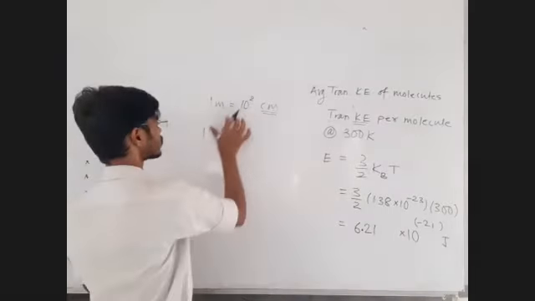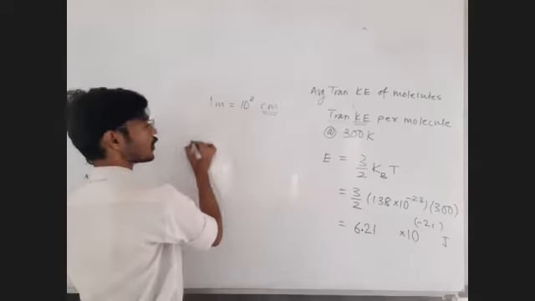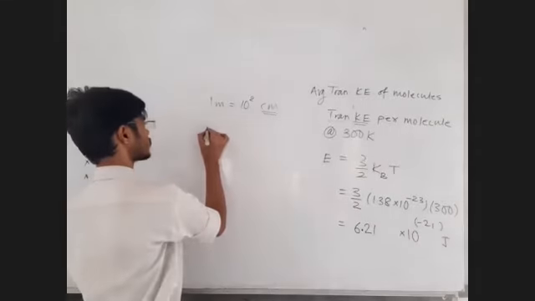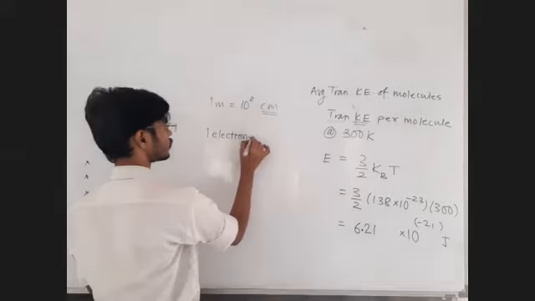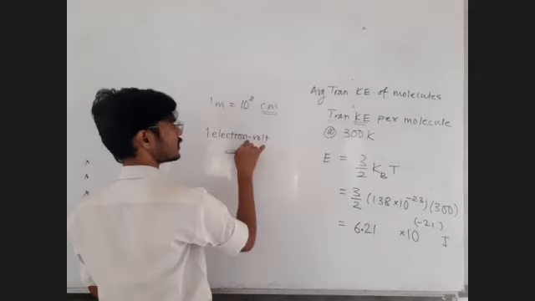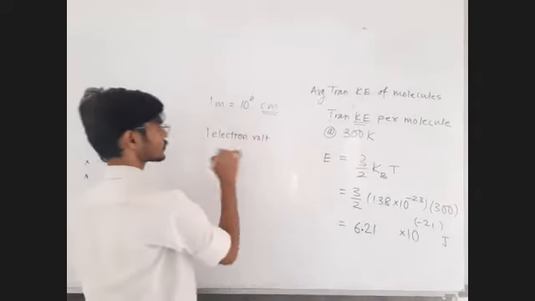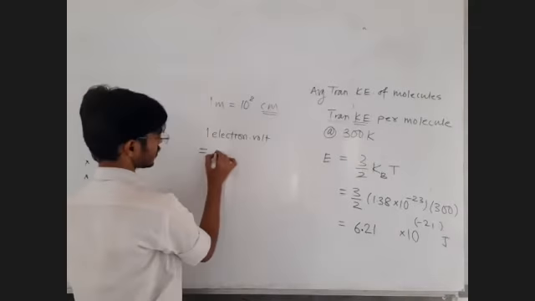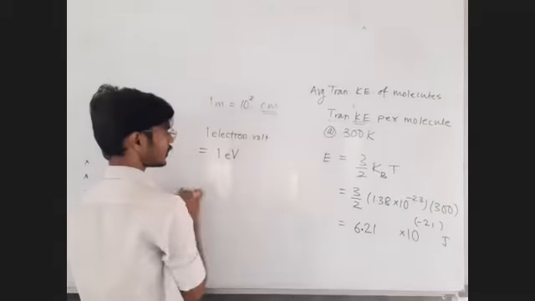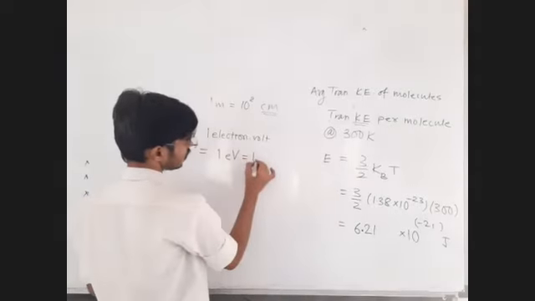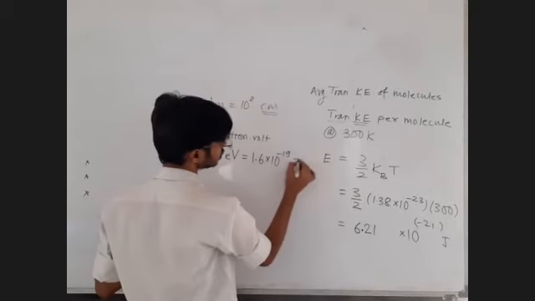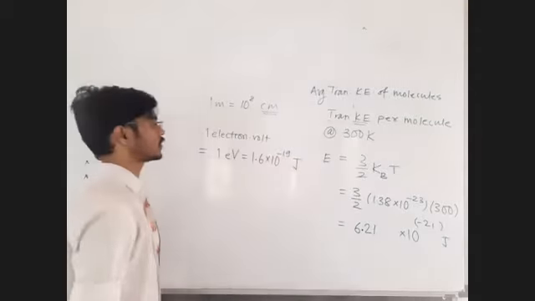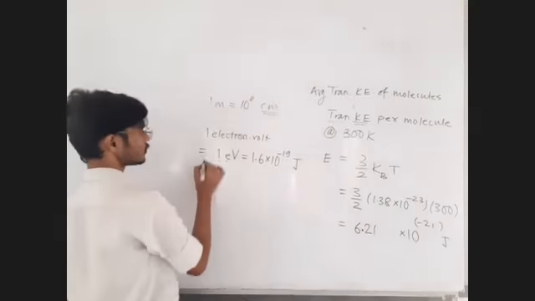So let me write the new unit for energy: 1 electron volt. This is multiplication, not subtraction, don't confuse. It is also written as 1 eV, 1 electron volt, which is equal to 1.6 into 10 raised to minus 19 joule.